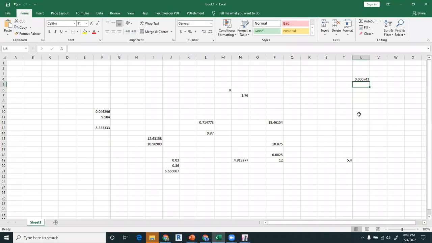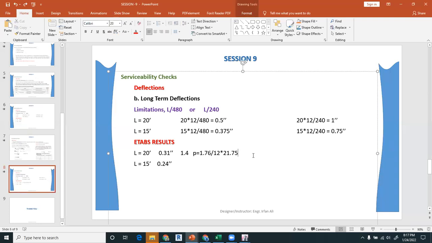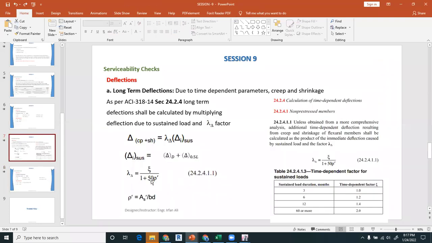So we will do 1 plus 50 into this rho. It is 1.33, right? And this value, psi, is 1.4.